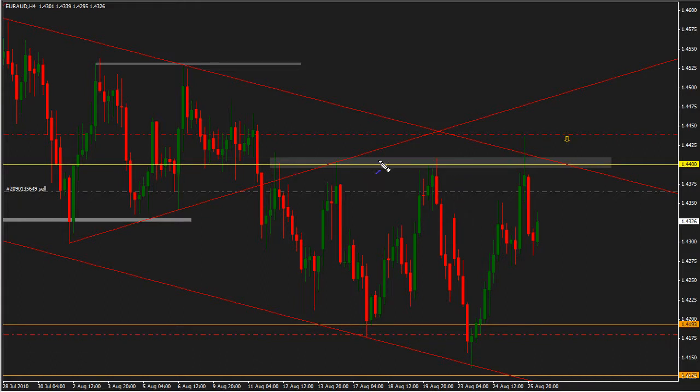If you look at this major area of support right here, you'll see that at this point there is a major engulfing bar, and you could confirm this because price rejected off this area of support. So this bar is powerful. This bar again is engulfing the previous bar, and again it's being rejected off this major area of support and the round number, right? So this bar is powerful.